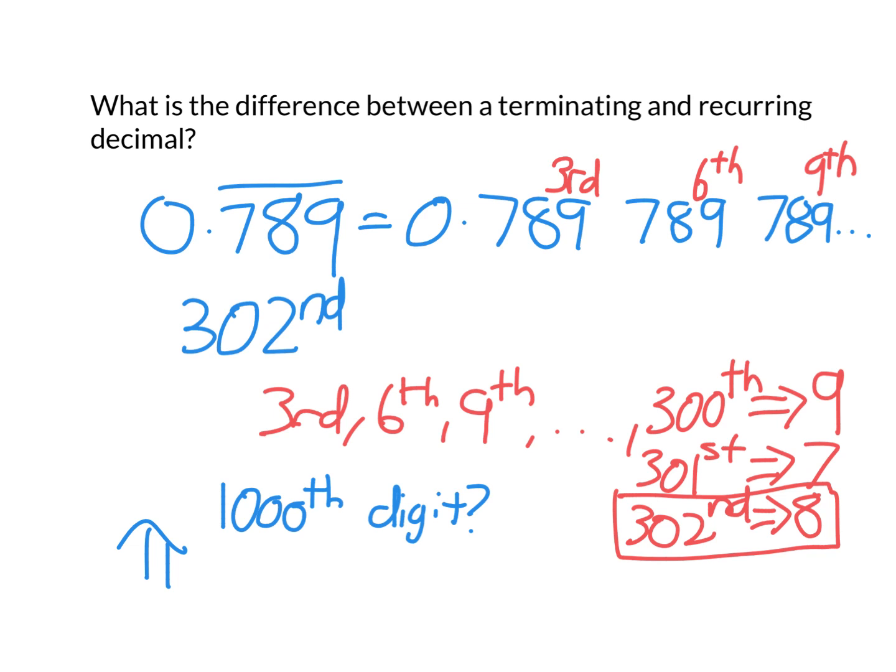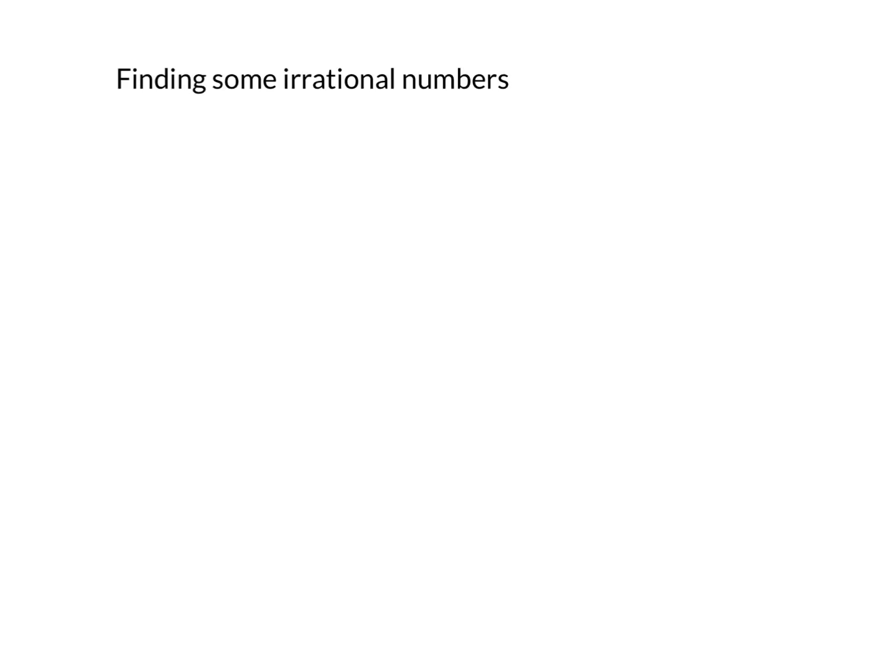All right, let's just now look at coming up with some irrational numbers. So let's say I wanted to find some irrational numbers that are greater than 2 and less than 3. So I want to find irrational numbers between 2 and 3.